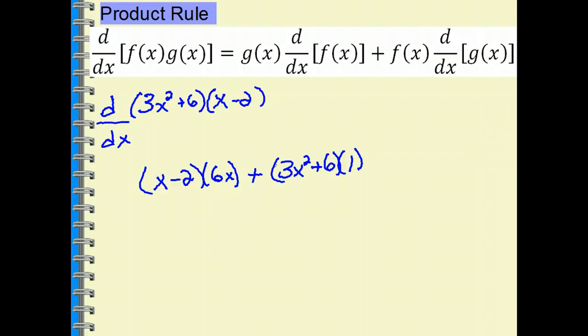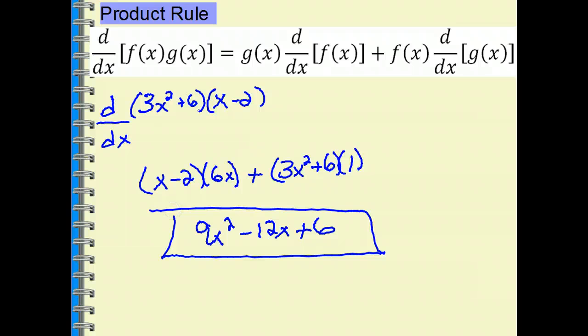We get a 6x squared plus 3x squared gives us a 9x squared, and then a negative 12x, and there aren't any other x's over here, so that's minus 12x, and then we get plus 6. And so the derivative of our function here is simply 9x squared minus 12x plus 6, using the product rule. So anytime you have two functions multiplied together, you can follow this product rule.